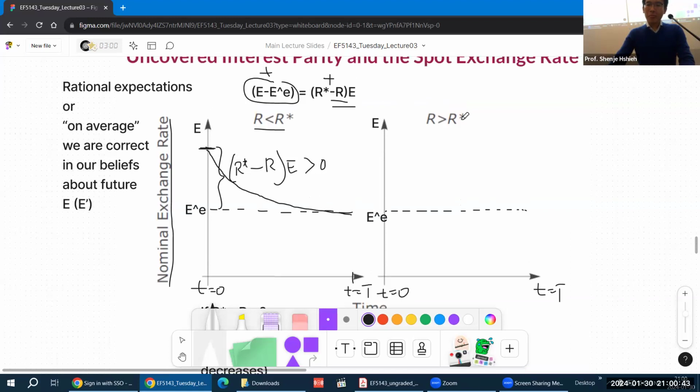So the other direction, if we have R star minus R being negative, which is what this means, right? If this is negative, then E minus E hat E is negative. Then the question I have for you is, should E be above or below E hat E?